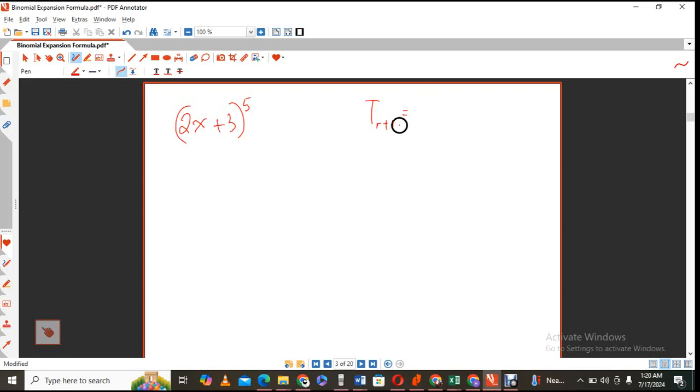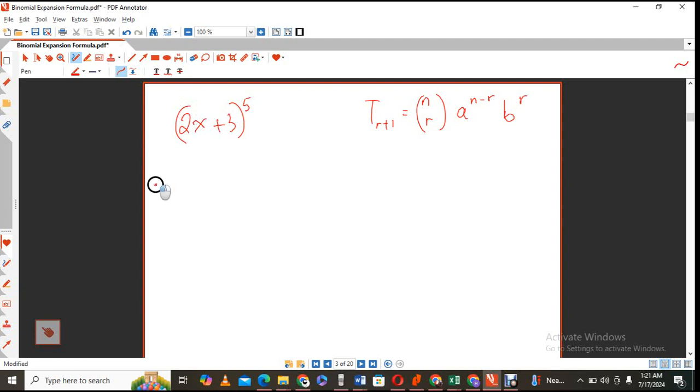So what is my general formula? The general term is going to be n choose r, where a is raised to n minus r and b is raised to r. So this always corresponds. My a is nothing but 2x and my b is 3.